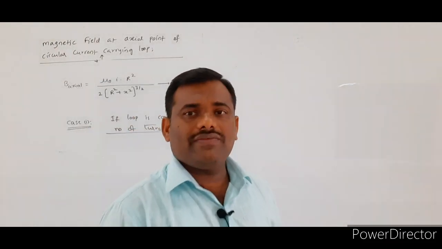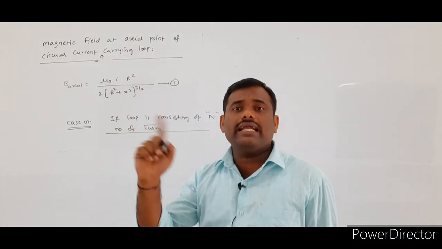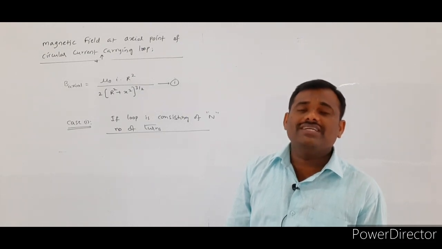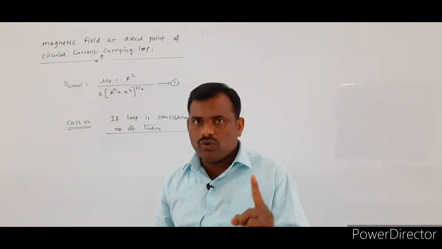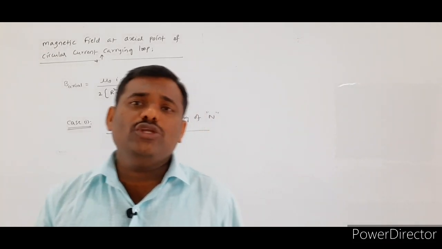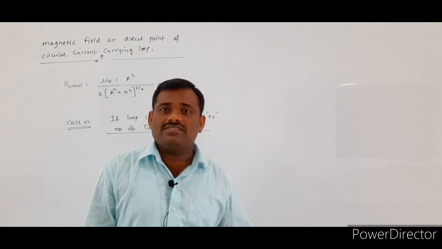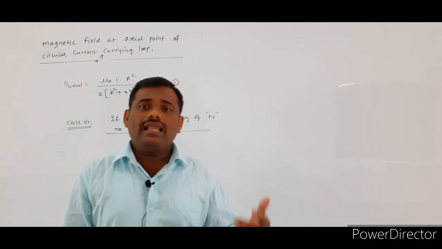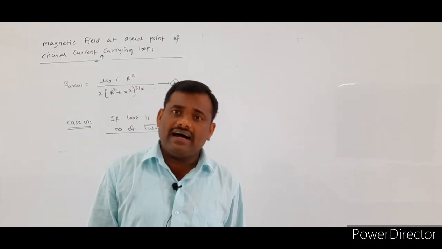Generally, the general equation we derived assumes that a circular current carrying loop consists of only one loop. In numericals, they ask, if the loop consists of 100 turns, calculate the magnetic field intensity. Like that, they will mention the number of turns.